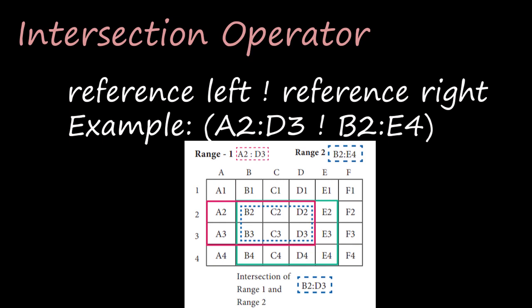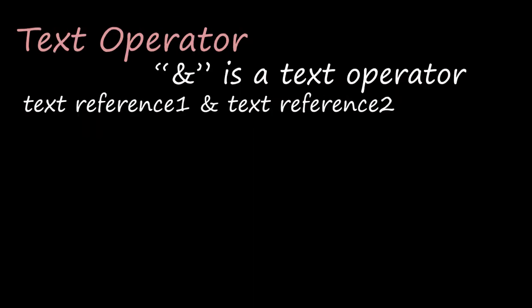And the next operator is the text operator. Okay, in this OpenOffice Calc, the ampersand operator is there, right? This is the text operator. Here, this is used to combine two or more texts. For joining, we saw the word concatenation, right? So to join two different texts, we say text concatenation.